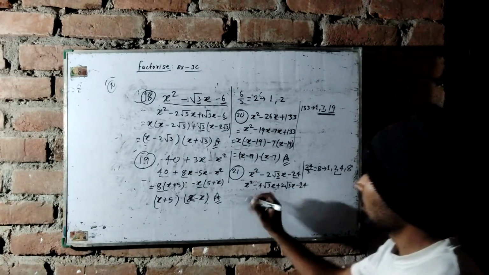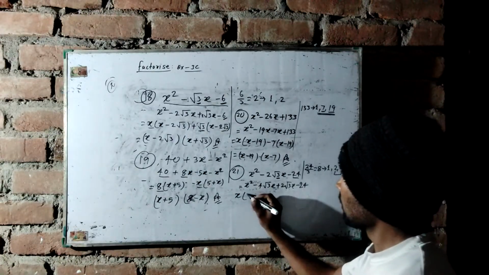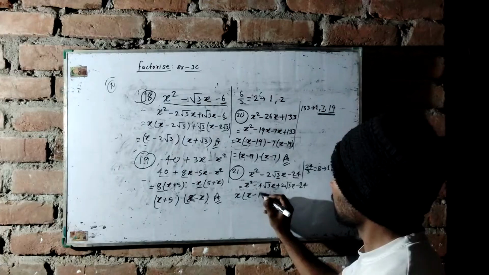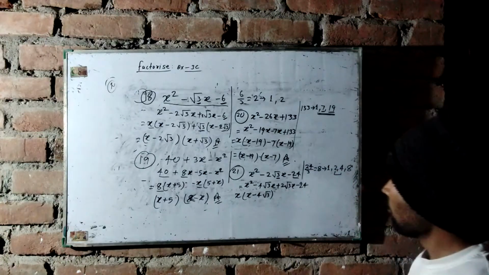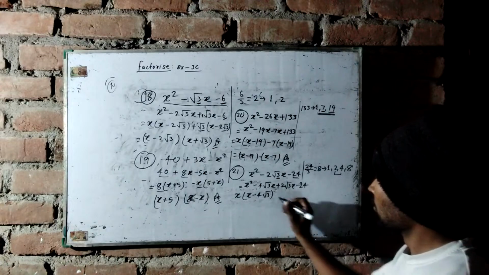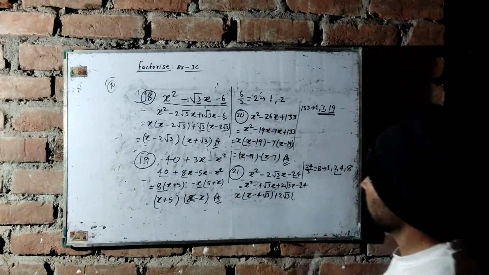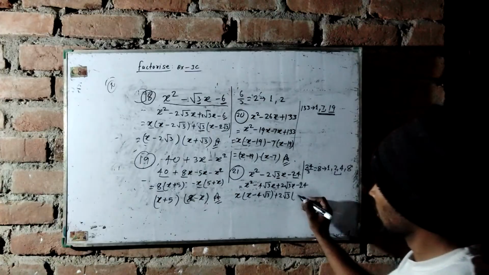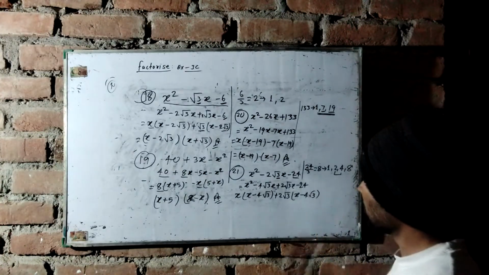Now we can take x as a common, and we can write x minus 4 under root 3 as a multiple. Now we can take plus 2 under root 3 as a common, and we can write x minus 4 under root 3 as a multiple.